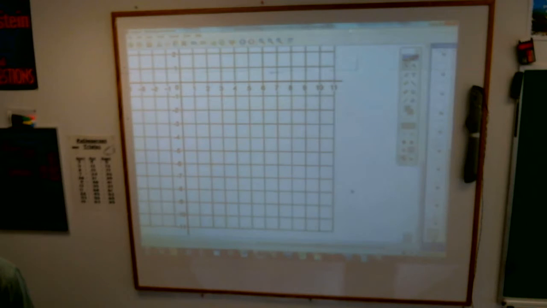Actually, I think you're probably just going to do the top one. Oh, maybe not. Yes, you will do the top half of that page up to where it says problem 11.